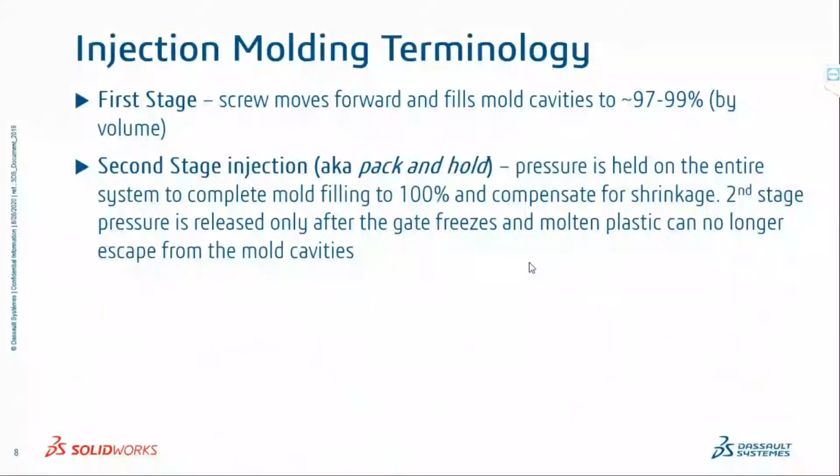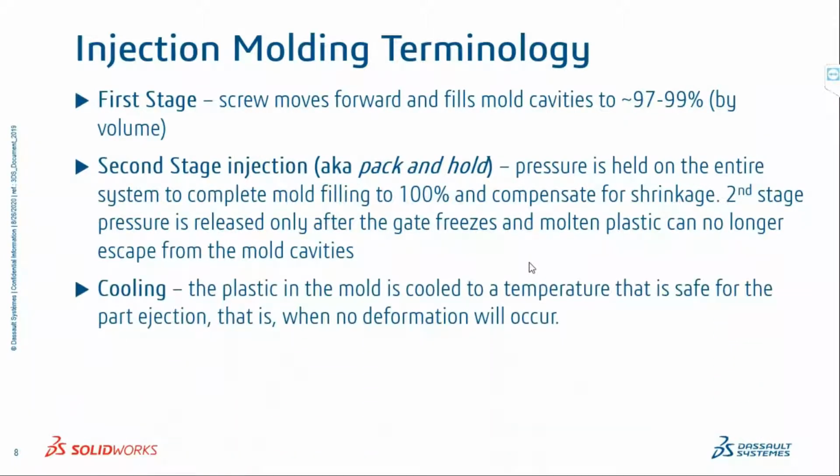Now the first stage is where the screw moves forward and fills the mold cavity. Then the second stage, also known as pack and hold, where pressure is held on the entire system to complete the mold filling to 100%, as well as compensate the shrinkage, because whenever we take the part out of the cavity, shrinkage or warpage occurs, so we have to compensate for that.